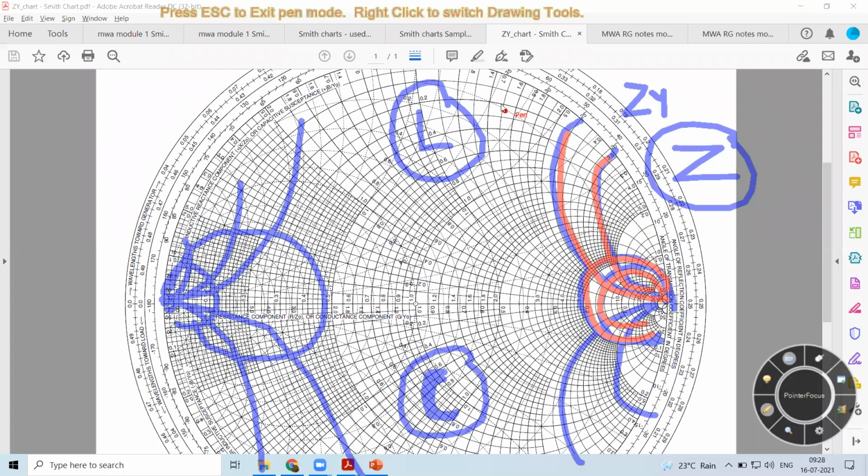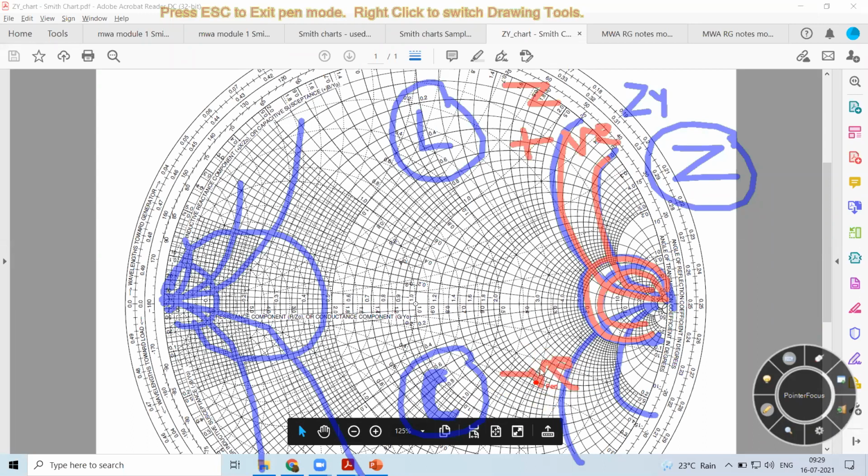If you're using it as a Z chart, the upper part will be used for plotting the positive value of the complex parameter, that is the imaginary part, and the negative value will be plotted over here. That is, the negative imaginary part will be plotted over here.